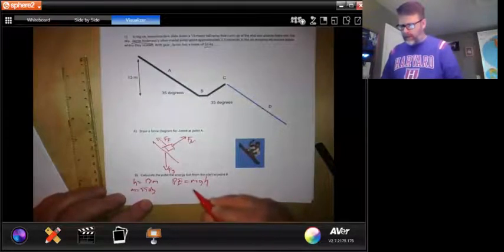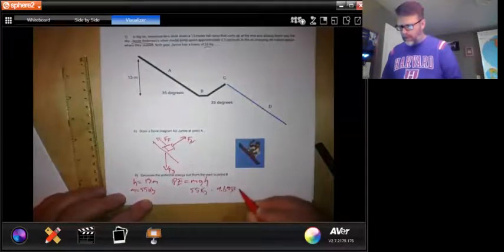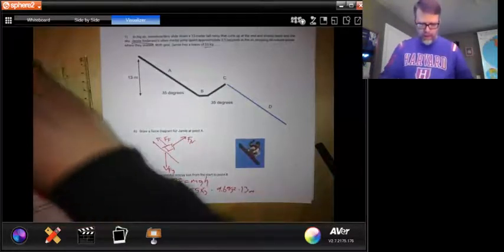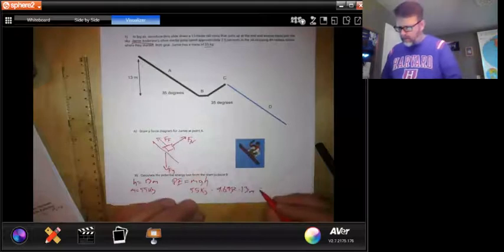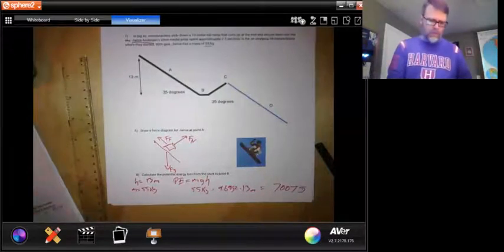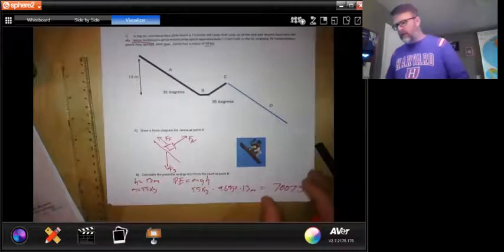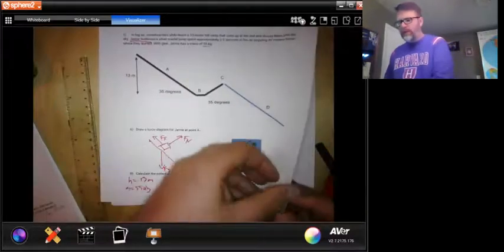We have 55 kilograms times 9.8 times 13 meters. Okay, that gets us through the first page.